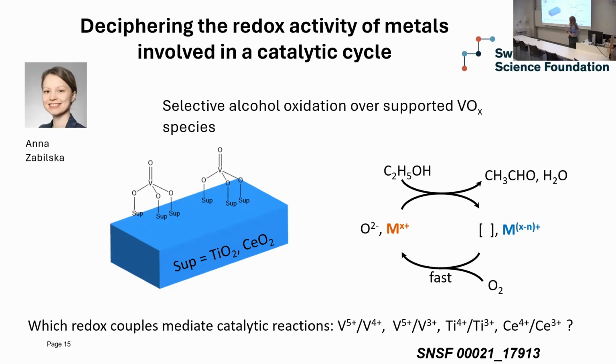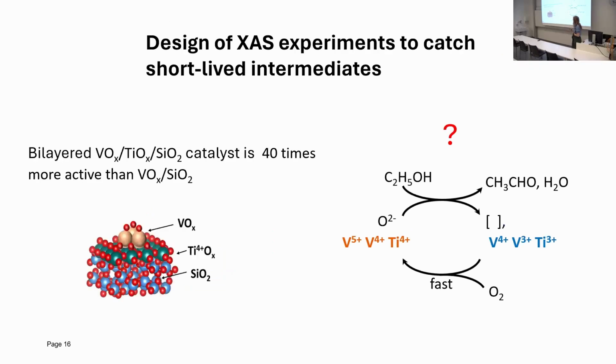So we were specifically looking at which redox couple is mediating this catalysis. It can be vanadium 5+ and vanadium 4+, vanadium 5+ and vanadium 3+, or it can be titanium, or ceria. To pinpoint how it goes, first of all, we simplified the catalytic system.